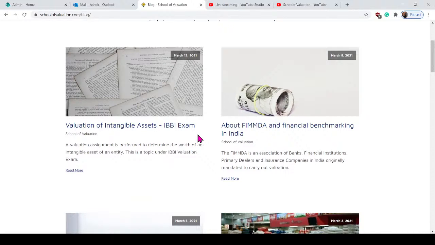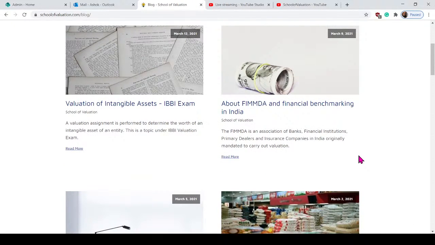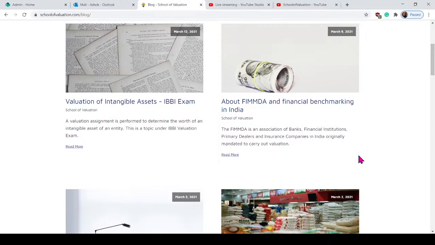For example, you can see valuation of intangible assets. I've also written about FIMDA and benchmarking in India. So nothing will be outside the syllabus. Don't think these are general topics, good to read or something. These are all part of your IBBI syllabus.